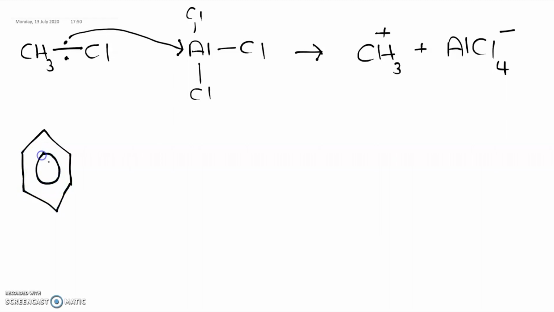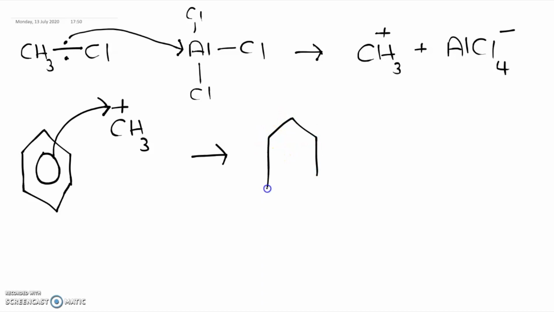Now in step 2, a pair of electrons moves out of the benzene ring. So these are a pair of pi electrons, and these electrons are attracted to the electrophile, the CH3+.